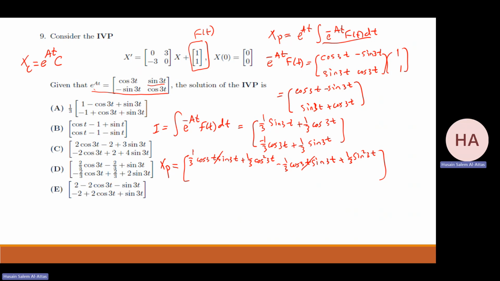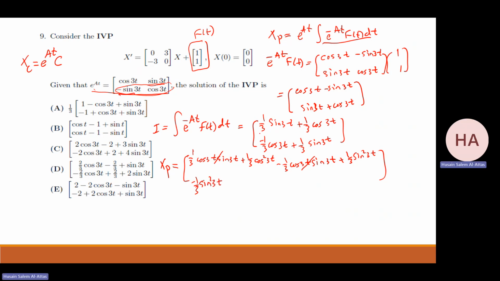Okay. Now I need the second row times this. I have what? Minus 1 over 3 sine squared 3t. Okay. No, be careful, be careful. I have minus sine times this. Minus 1 over 3 is what I wrote before, which was correct.